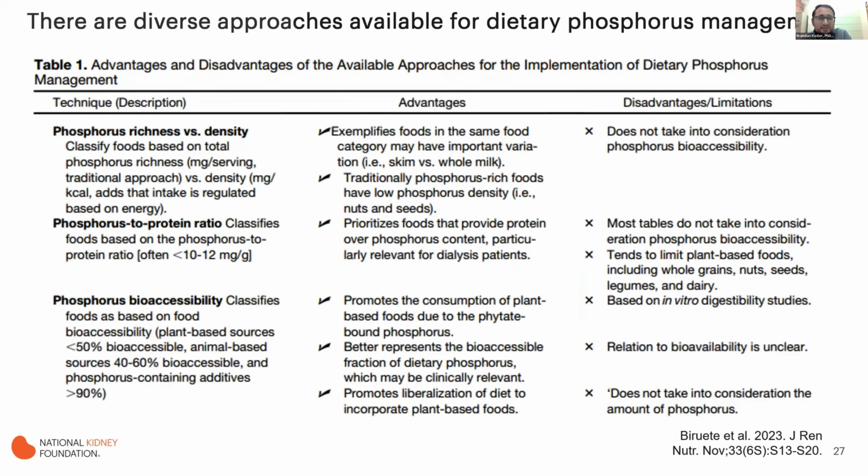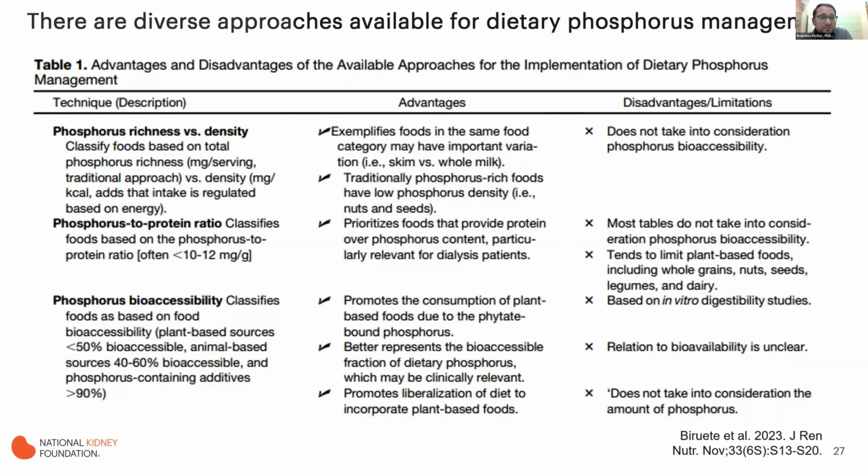In these last 20 or 25 years, a lot of tools have been developed or become popular to help manage hyperphosphatemia. Even when we think about foods that are high in phosphorus, there's been a shift from thinking in terms of milligram per serving to milligram per calorie, this idea of phosphorus energy, because calories are more closely tied to overall intake over the course of a day.